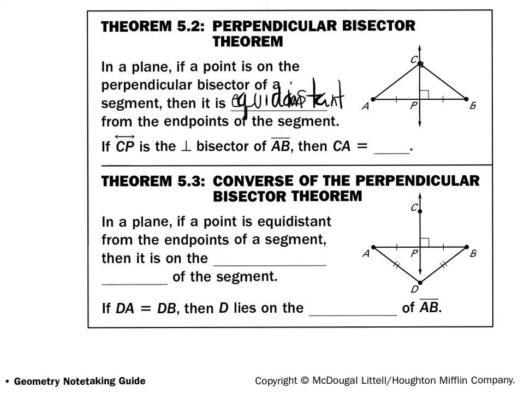So C is equidistant. It's on the perpendicular bisector because we know it's perpendicular because of the right angle. We know it's a bisector because both of these are the same. So now we can say that C to A equals C to B, giving us an isosceles triangle.